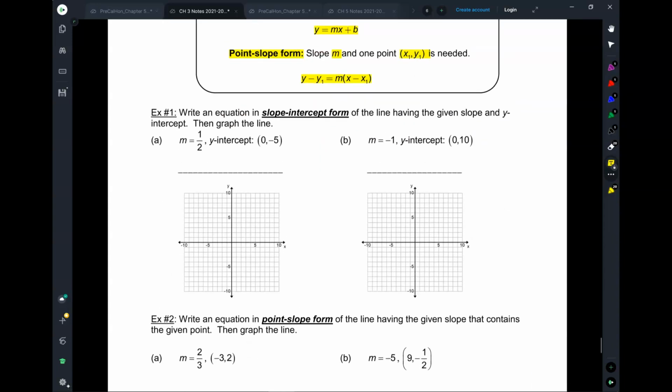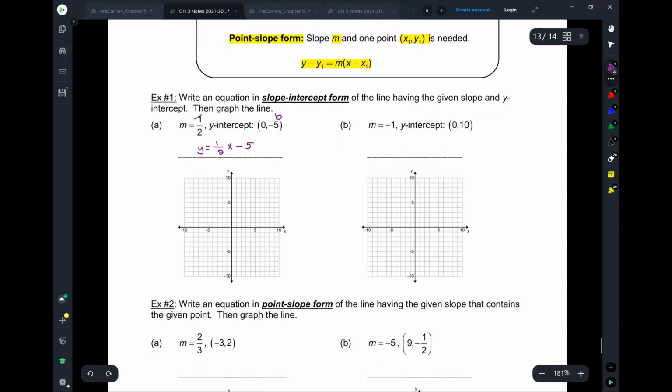So here it says to write an equation in slope-intercept form, right? And then graph it. So let's see what we've got here. You've got a slope, and you've got the y-intercept, that's your b, right? So you just plug it into the first equation, and you get y equals 1/2 x minus 5. Okay?